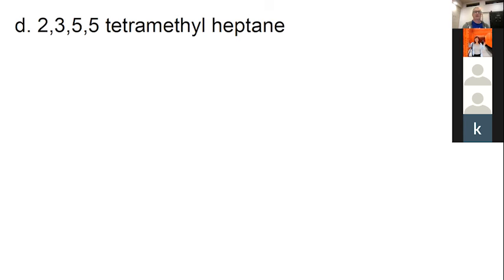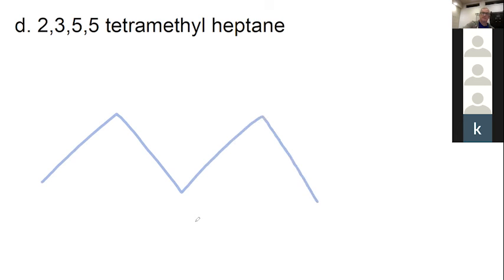Now for the last one, heptane again. How many carbons? Still 7, right? 1, 2, 3, 4, 5, 6, 7.